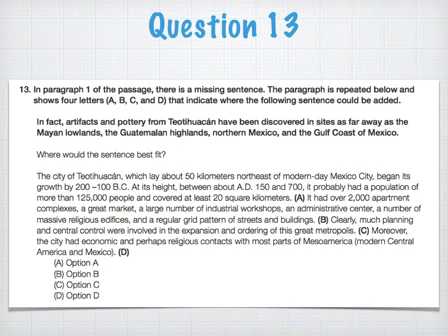Where is the best place to put this sentence? In fact, artifacts and pottery from Teotihuacan have been discovered in sites as far away as the Mayan lowlands, the Guatemalan highlands, northern Mexico, and the Gulf Coast of Mexico.